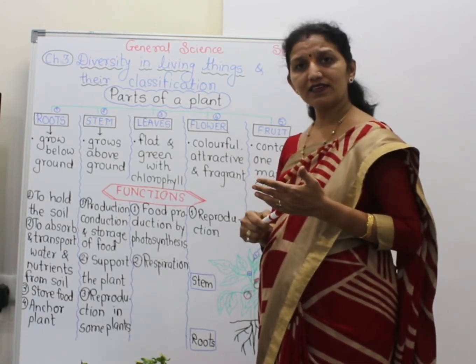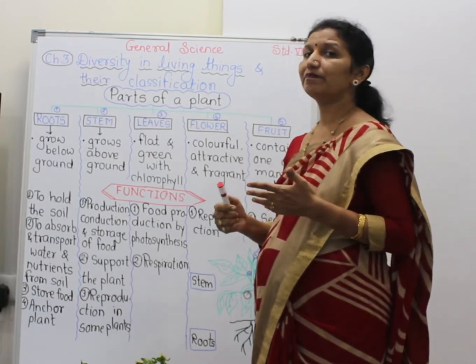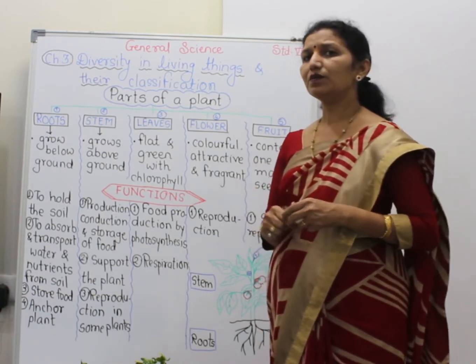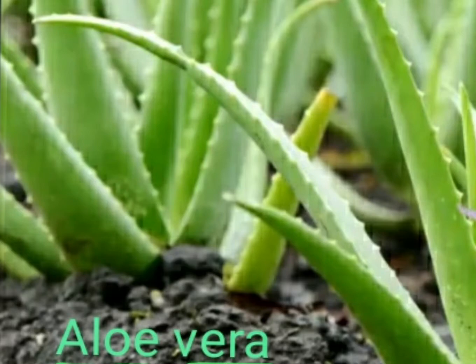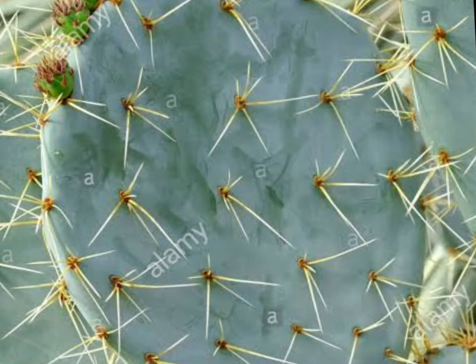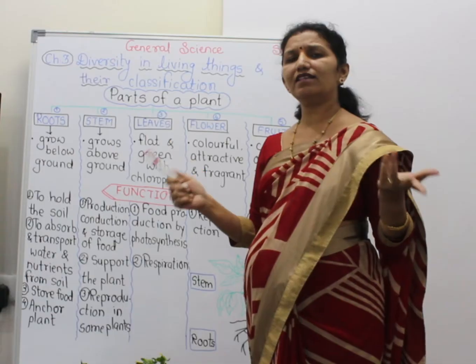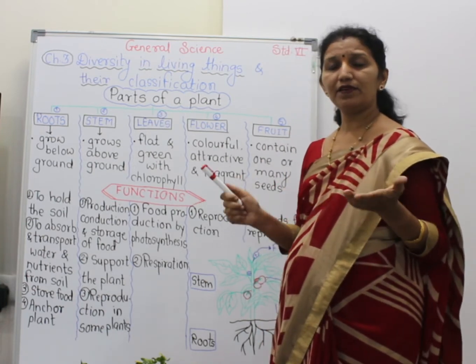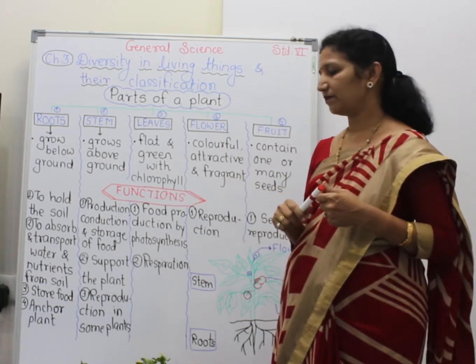There are some structural changes as well as some modifications. Now these plants may grow in desert, they may grow in snowy region, or they occur everywhere in every part of the world.